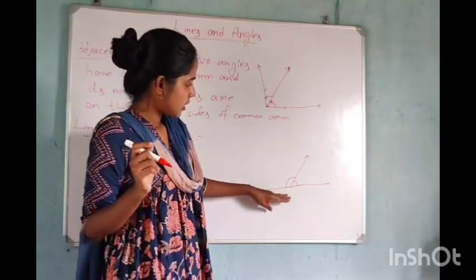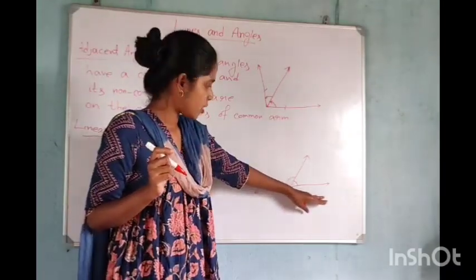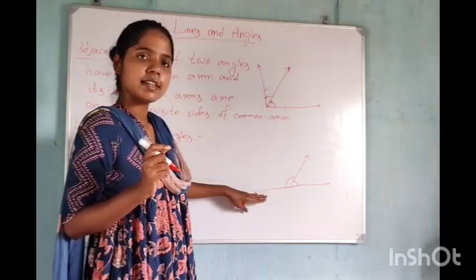Why is it a linear pair? Because this is a straight line, right?